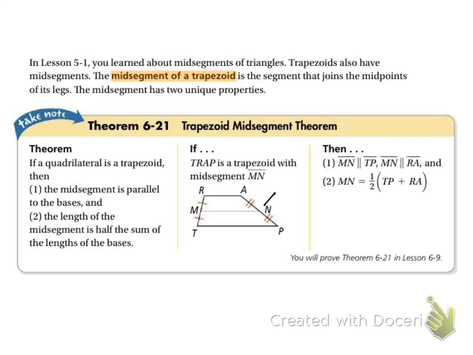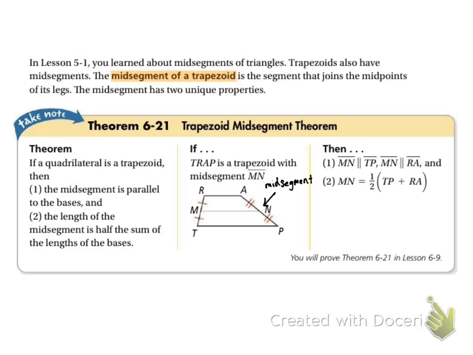Okay, so this line right there, the one that goes across there, that is our midsegment. So, if it's a trapezoid and we have our midsegment marked, then we know that these three lines are, sorry, not congruent, they're parallel.